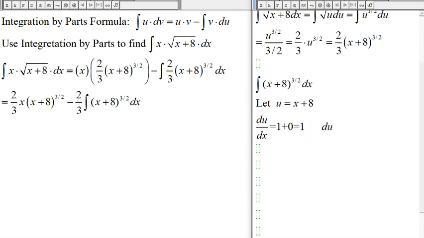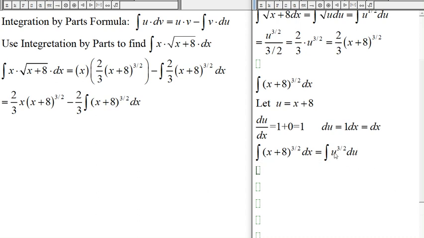And so we get du equal to 1 dx, which is dx. And so our integral becomes u to the 3/2, since x plus 8 is u, and dx is just du.